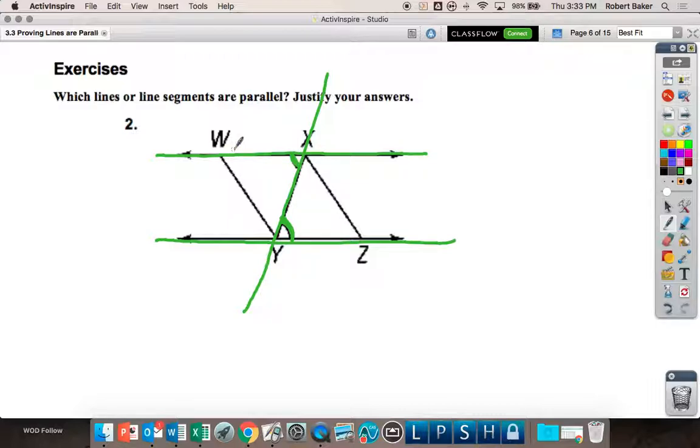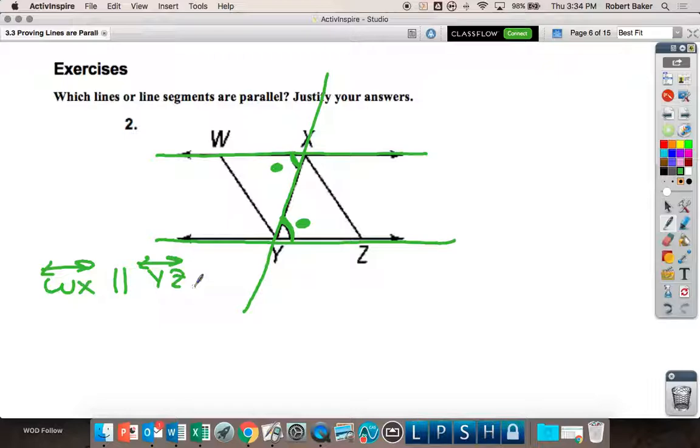Does that provide an example of angle pairs that could be congruent? What do you call those angle pairs? Those are alternate interior angles, on alternate sides of the transversal inside the lines. So, line WX is proven to be parallel to line YZ because alternate interior angles are congruent.